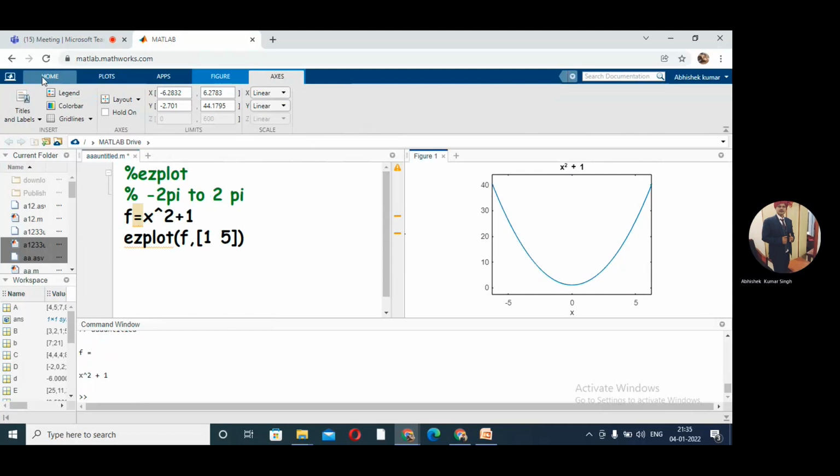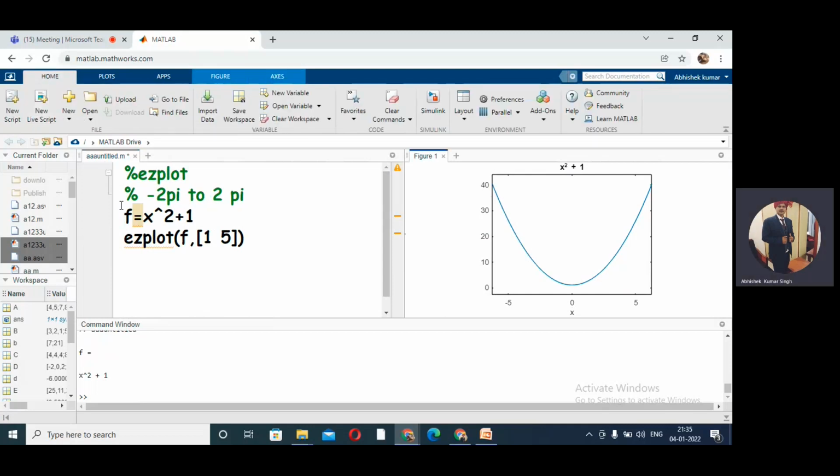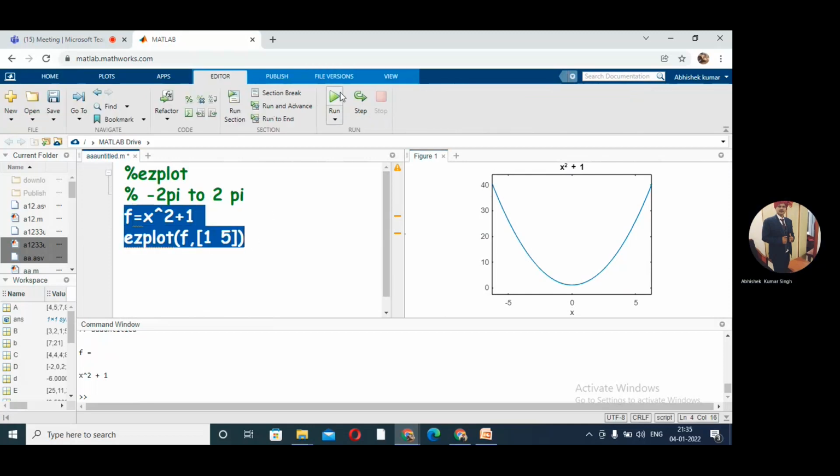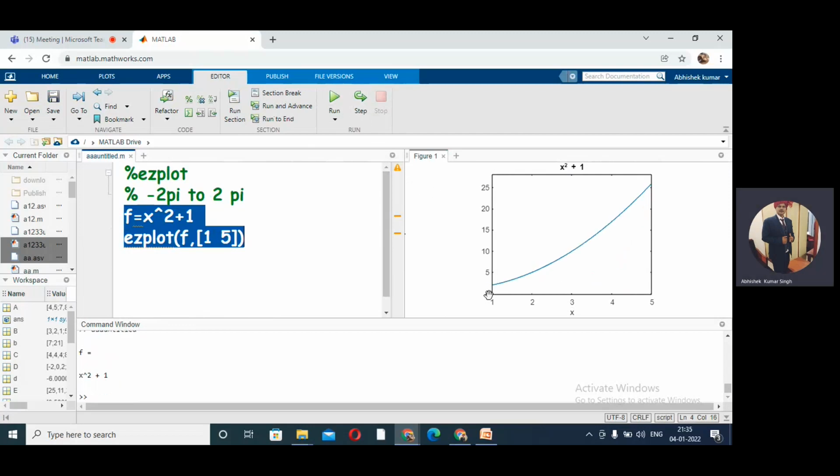Okay, so now I'll run this command. Let us run and see. Yes, now you can see that 1 to 5. We are using the EZ plot only, but especially we have defined the domain here, 1 to 5. If you are not defining also, no problem. It will draw the default range from minus 2 pi to plus 2 pi. Fine. Okay. This is your EZ plot.